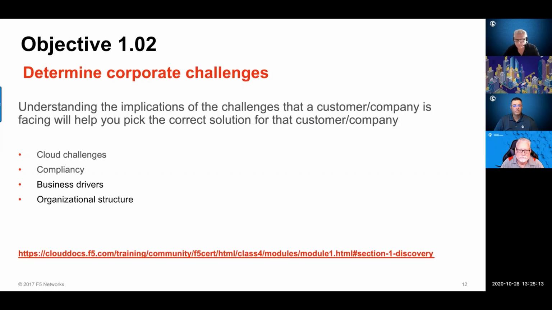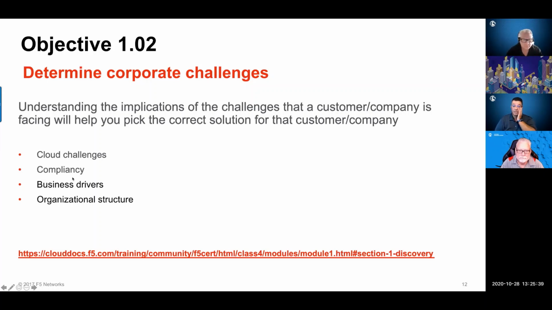Also, from a social media part and discovery, we have to determine what that customer's challenges are. One of the key things you might find out is, like I mentioned earlier, an acquisition, or maybe they're having problems or things that drive their business. Here are some examples: cloud challenges, compliance, right? Maybe they have to be compliant with PCI or HIPAA.